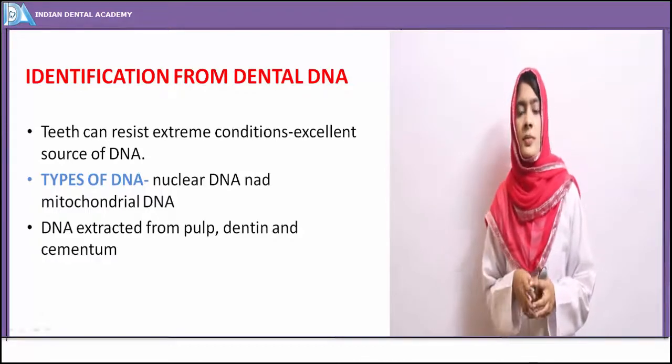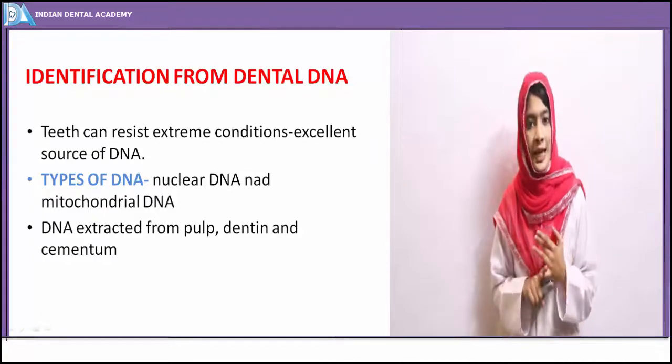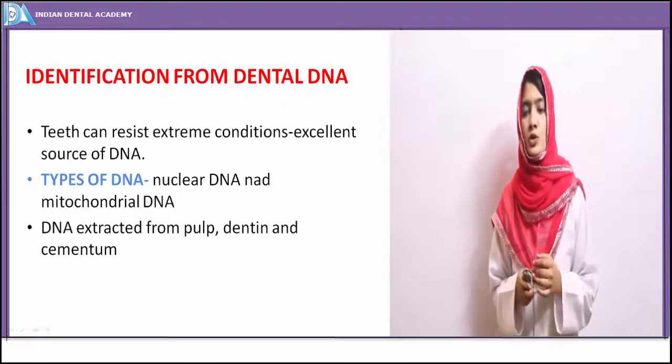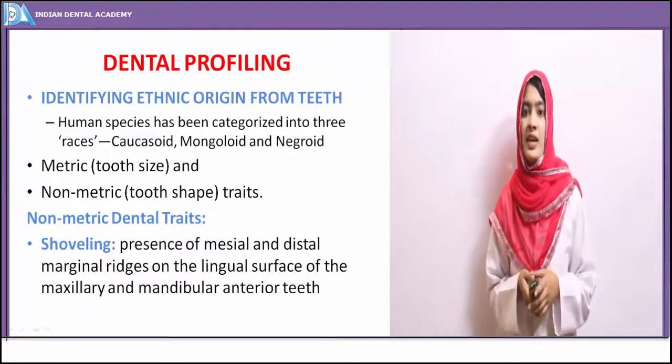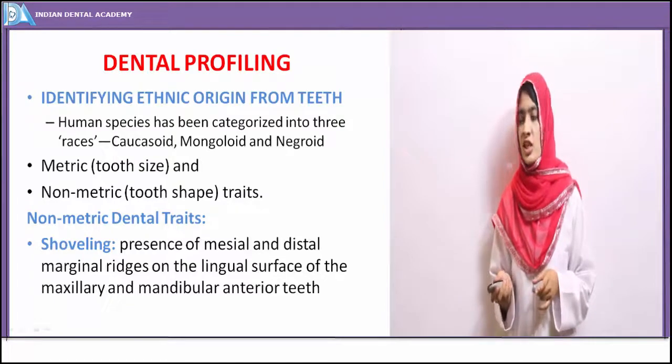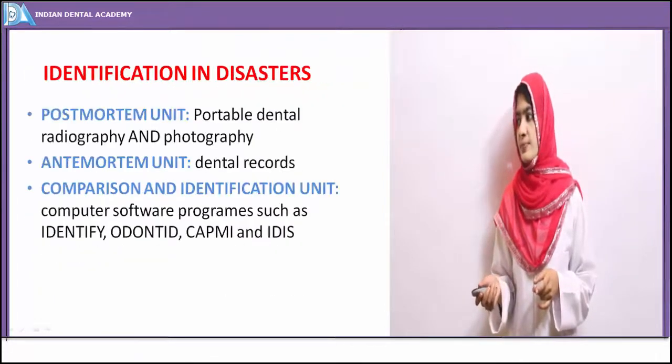DNA may also be extracted from the dentine and cementum tissue. Okay, so that was all about comparative dental identification and identification in case of mass disasters.